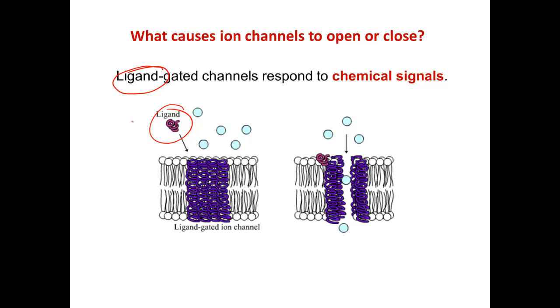Okay, so there are ligand-gated channels in the neuronal membrane, and when that particular chemical is present that can bind to that particular ion channel, it causes a conformational change. It causes the channel to open up, and once that channel is open, ions are free to diffuse in or out according to their gradients.